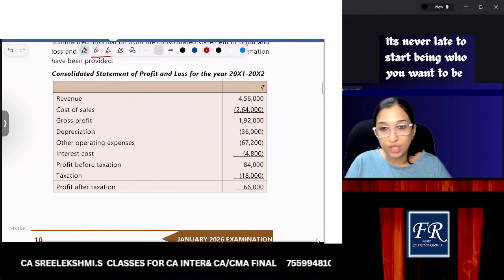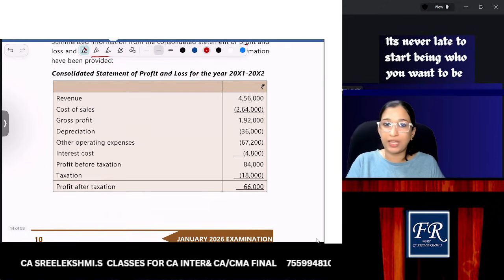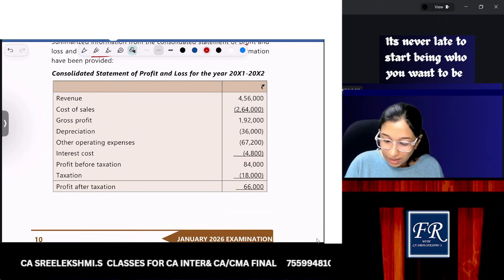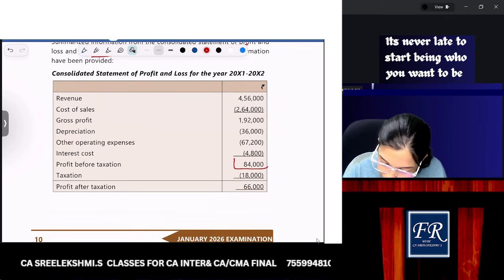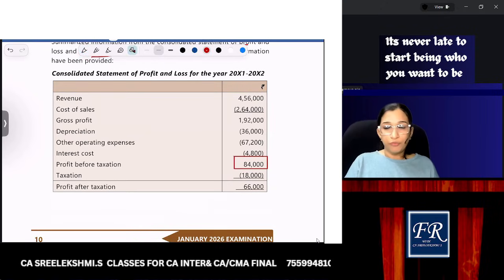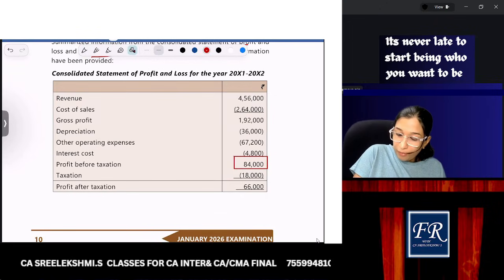So if a consolidated P&L is given for cash flow statement, I'll be starting with PBT. Format of my cash flow statement, operating activity, profit. We should start with profit before tax, 84,000.